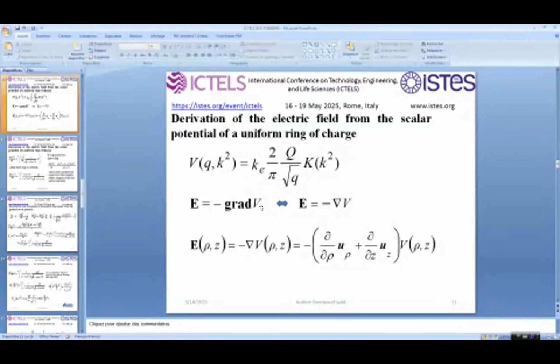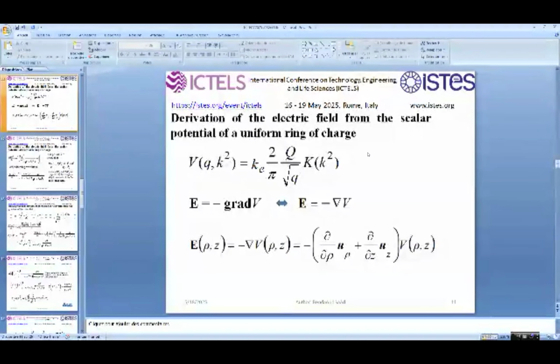And now we will derive the electric field from the scalar potential of the uniform ring of charge, by using this relation: the electric field equals minus the gradient of the electric potential, or mathematically in this form.